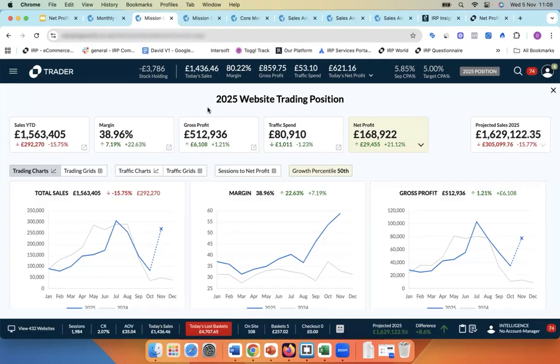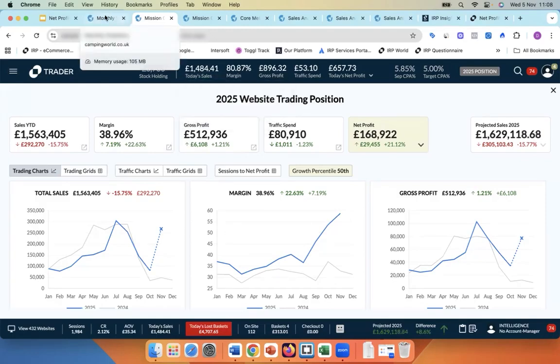Probably something also just worth sharing as part of the 9.6 release: we have now given business owners much more control over who can see cost prices throughout the platform. So again, speak to your account manager or your merchant success manager around that. Really, you should have no concerns about having totally accurate cost prices for products in your IRP, and the more accurate the inputs, the much more accurate the output of net profit will be.